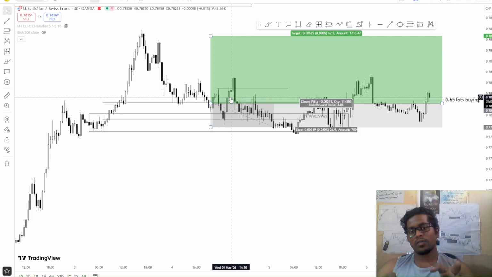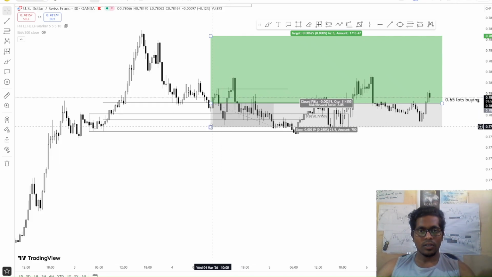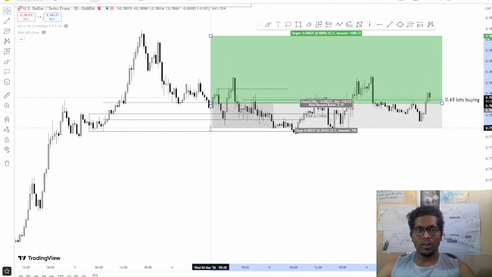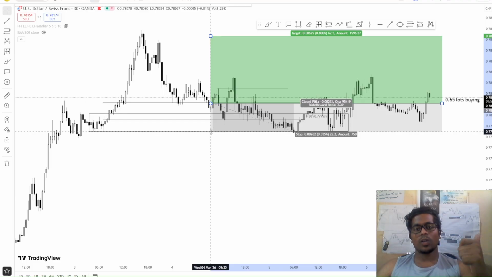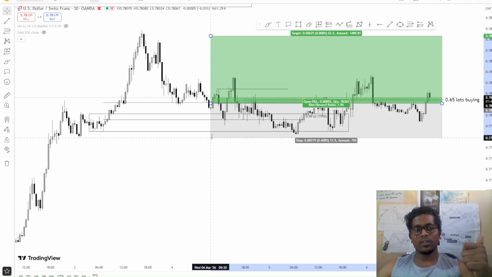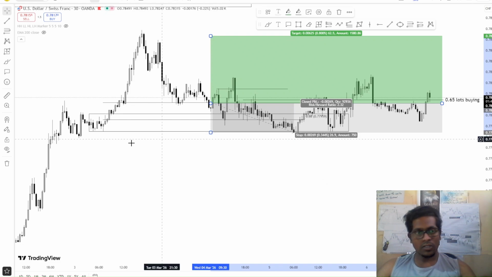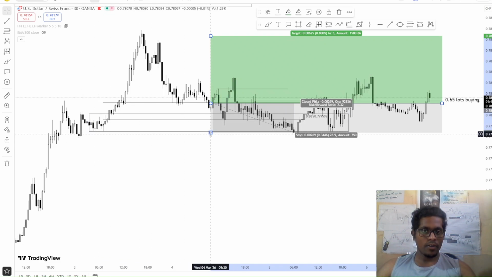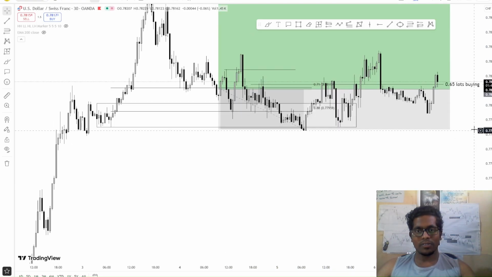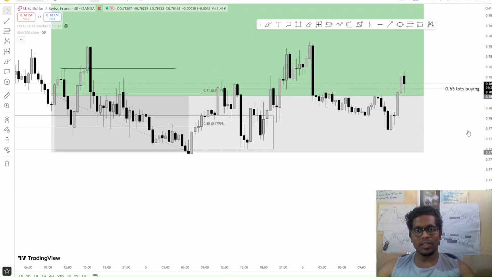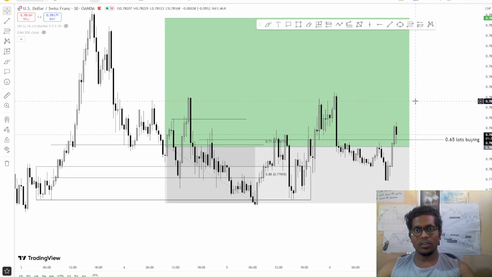When I came to my charts and saw this, I realized my mistake. So instead of keeping the 300 SL, I moved my SL to 250. This was a logical SL. It hit my SL by 2 pips, literally, bro, by 2 pips, and then it came all the way upside.